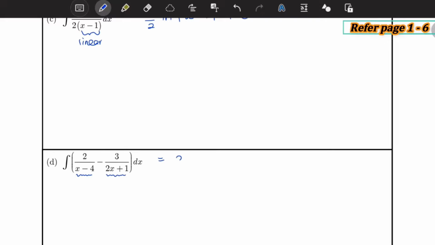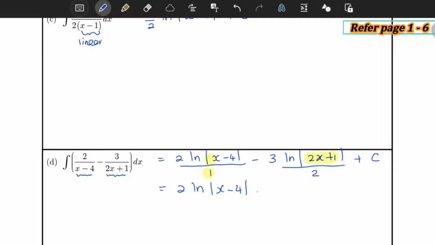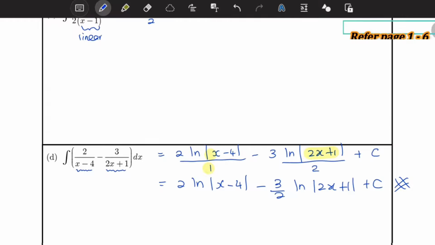And the answer is 2 ln x minus 4 divided by 1, since differentiating x minus 4 gives 1, minus 3 ln 2x plus 1 divided by the derivative of 2x plus 1, which is 2. So the answer is 2 ln x minus 4 minus 3 over 2 ln 2x plus 1 plus c.